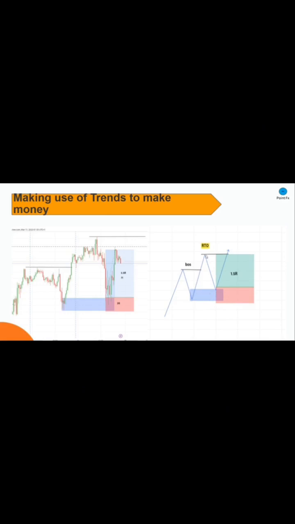Whenever we encounter a break of structure, this strategy was built in a way that we wait for a return to the order block so that we can buy the market and anticipate the market to go up. So with the aid of trend, we were able to build this trading strategy, and with the aid of this trend, we were able to buy and have a smaller risk as compared to that of the reward.